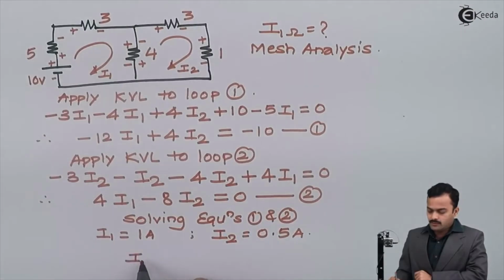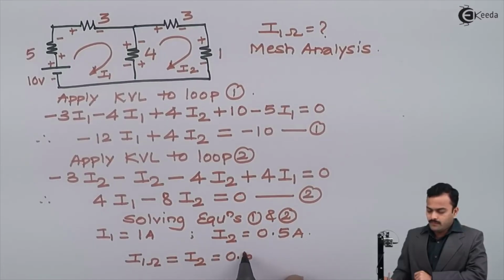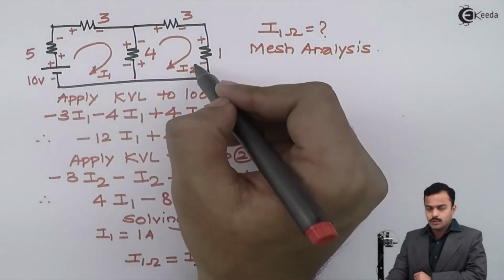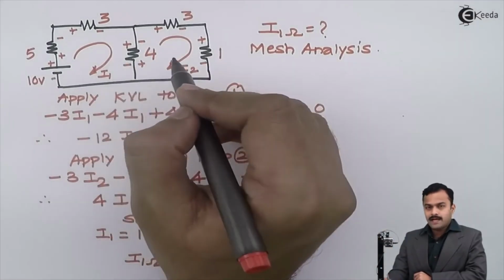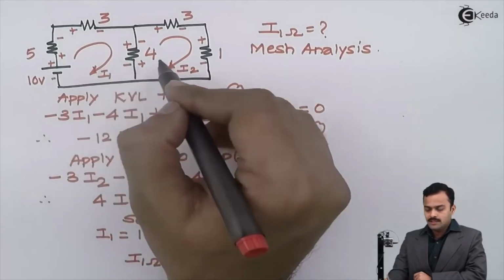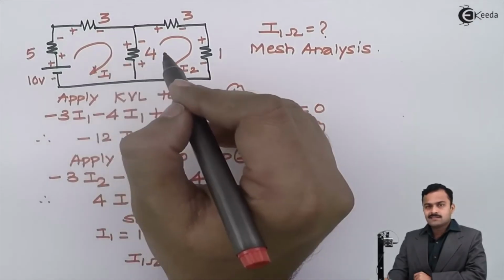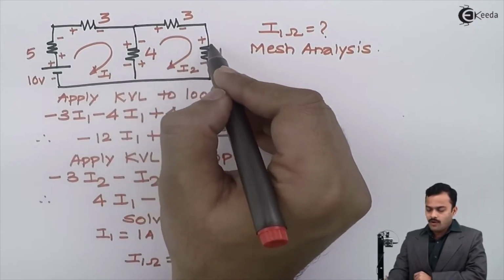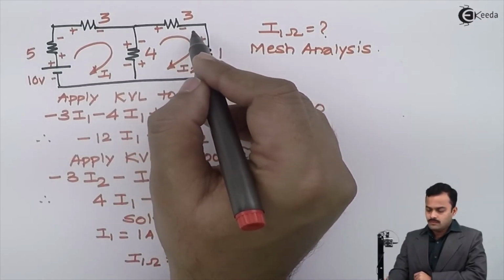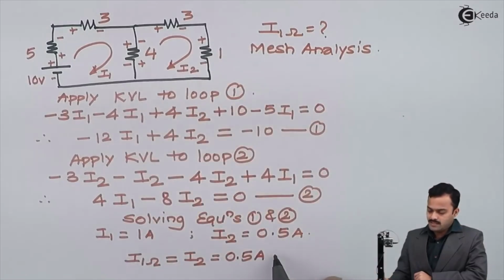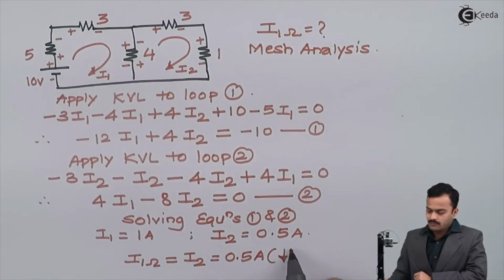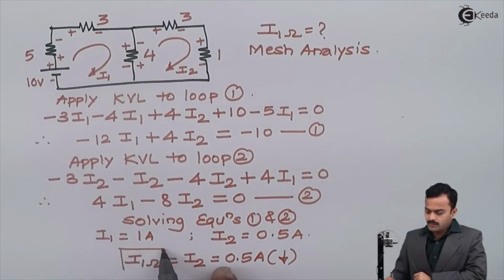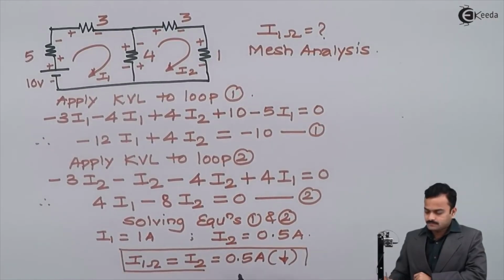So the current flowing through the 1 ohm resistance will be the same as I2, equal to 0.5 ampere. Now I am getting a positive value of this current I2. That means whatever direction I have assumed for these loop currents is correct, meaning for this 1 ohm, I2 will be downward. So I will mention the direction of current along with the magnitude. So this will be your complete answer.